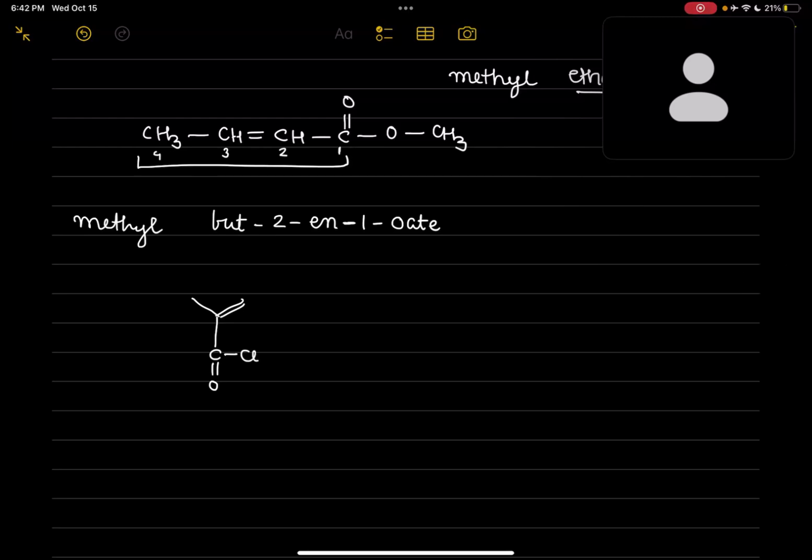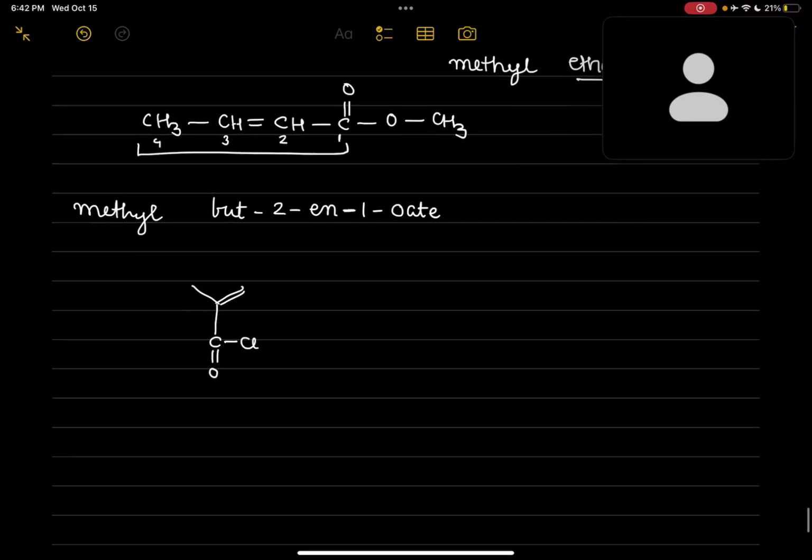So, propanoyl chloride. Methyl propanoyl, one, two, and this is the third carbon, not that one. I'm going to choose the parent chain. Here it doesn't matter whether you go this side or that, but it can matter if you have different groups. So this is the parent chain.